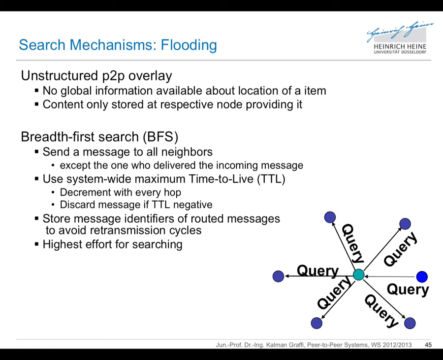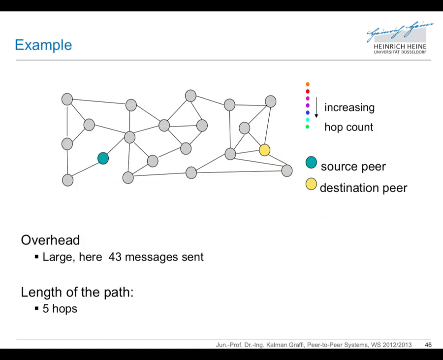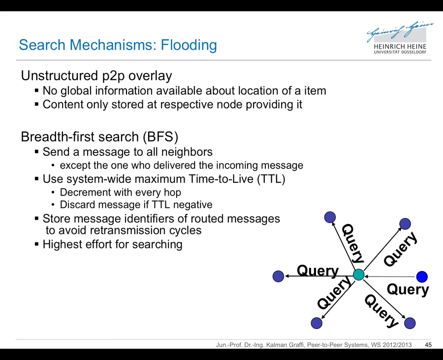What you also do is to have for every one of these requests a request ID, a message identifier, and you remember where the request came from. So once you have an answer to this request, let's say that a node has a fitting file, then it knows where this request came from, and it can send, okay, I have the file, this is my contact address, to this node.